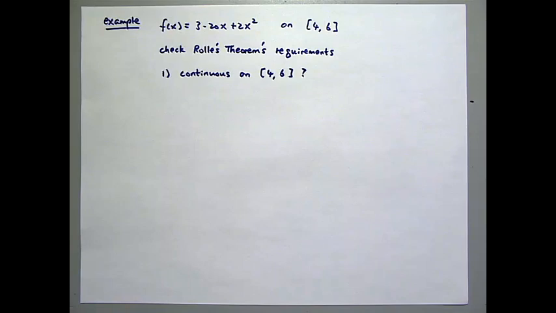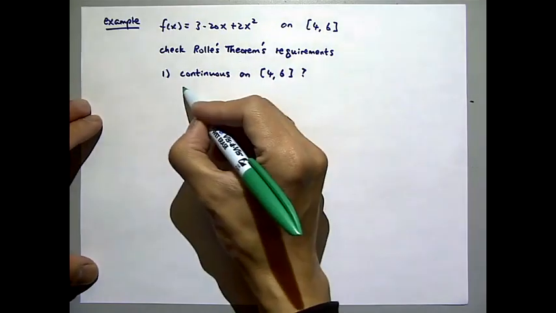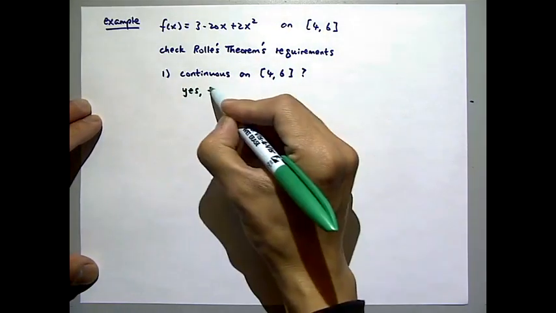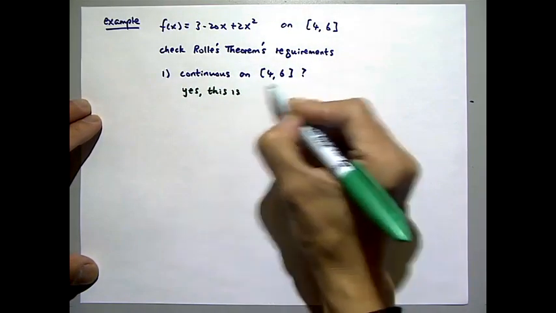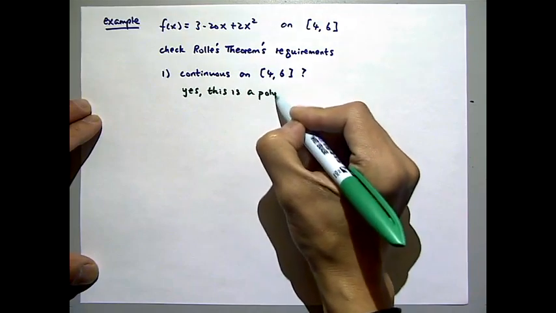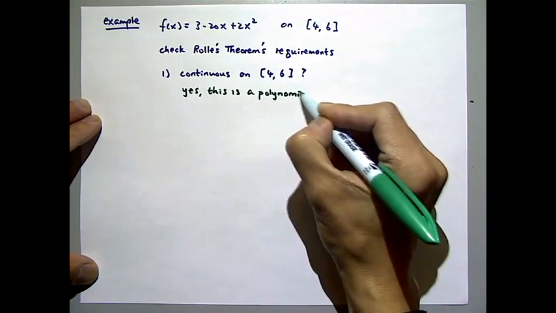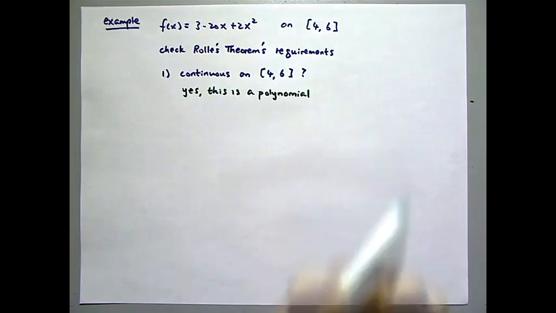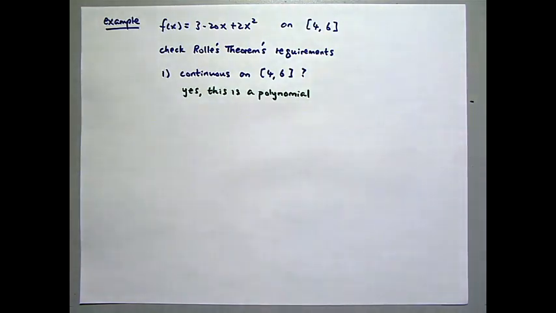So what do you think? Yes? No? Yes? Why? How do we know? It's a polynomial, absolutely, yeah. Okay, so that is where knowing the behavior of certain functions is really helpful.